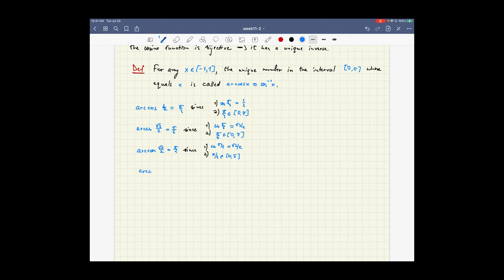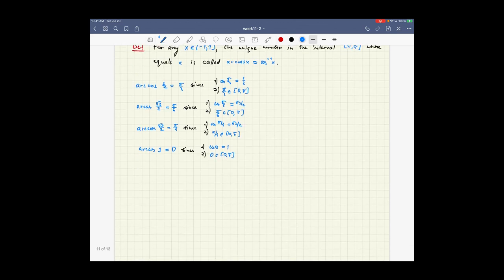Arc cosine of 1 is 0. That is because cosine of 0 is 1, and because 0 belongs to the interval 0, pi. What about arc cosine of 0? We know that's pi over 2.